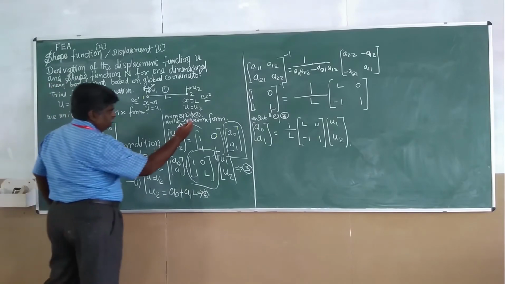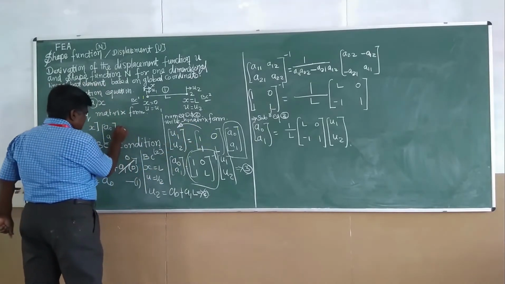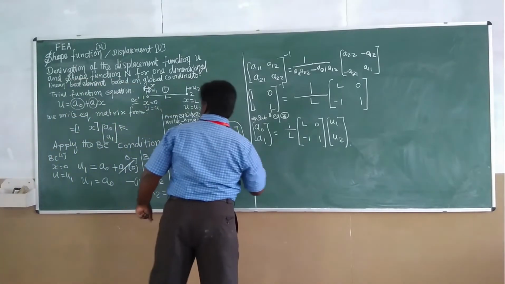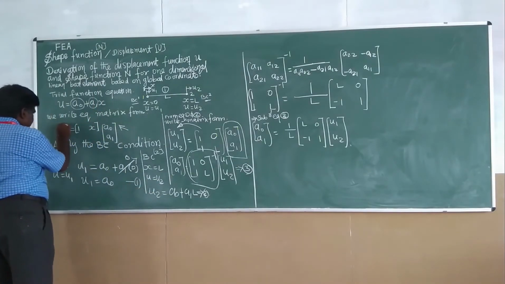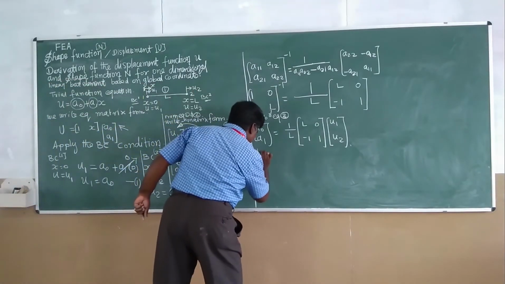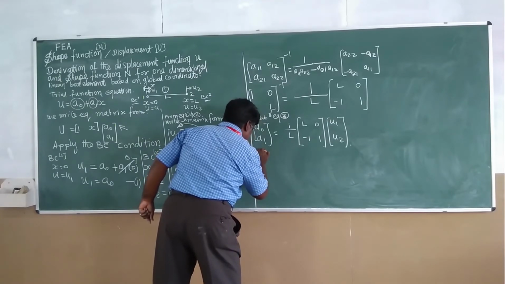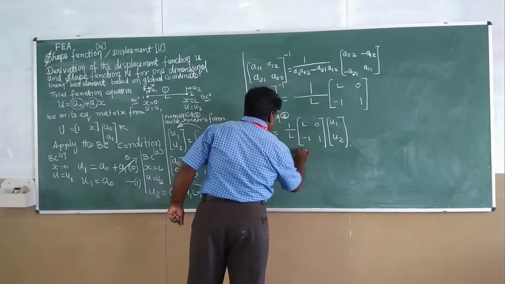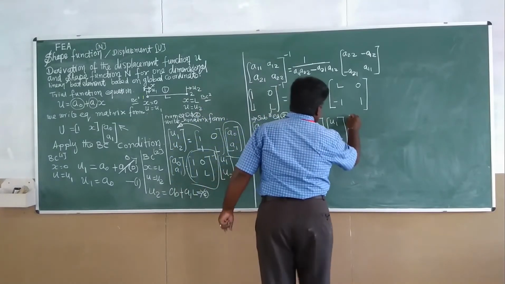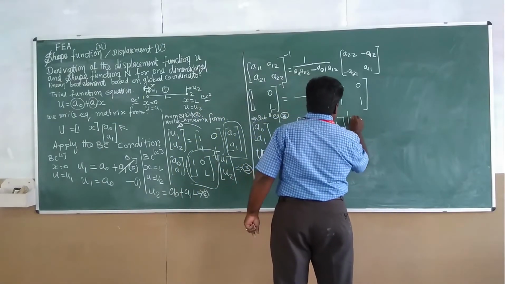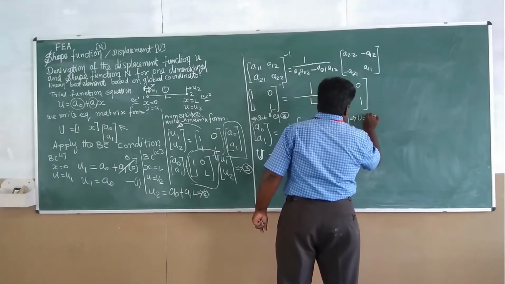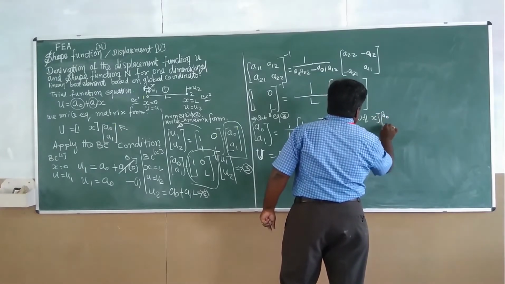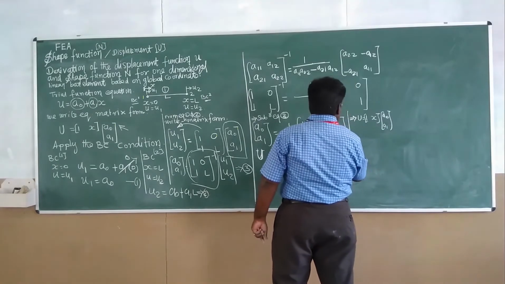We have to substitute this a0 and a1 in the initial trial function equation, so u equal to 1 x, and we have to substitute here.